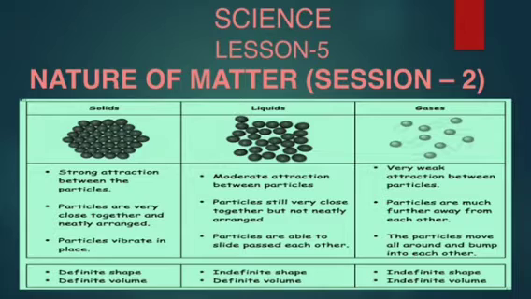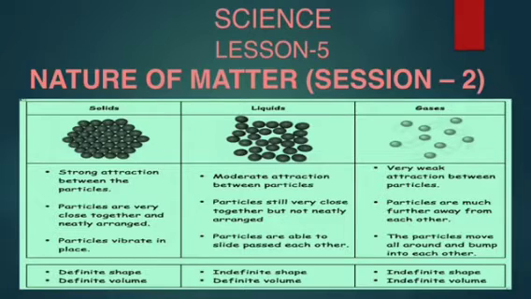Liquids do not have a definite shape but they have definite volume. Water, milk, juice are some examples of liquids. Liquids can flow from one place to another. Since they do not have a definite shape, they take the shape of the container in which they are poured.